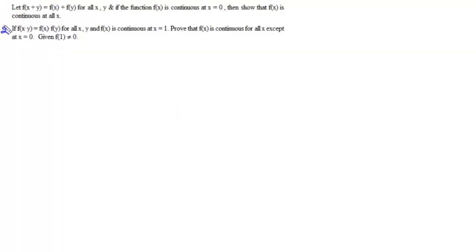Now we'll solve this second question, which is: if f(x into y) is f(x) into f(y) for all x, y and f(x) is continuous at 1, then prove that f(x) is continuous for all x except x equals 0, and we are given that f(1) is unequal to 0.